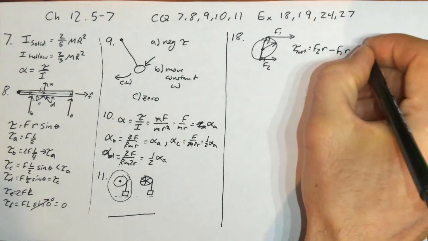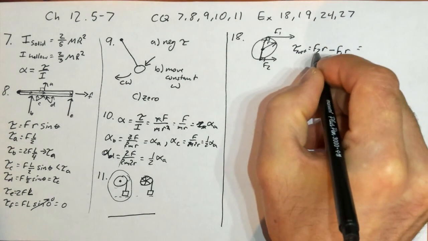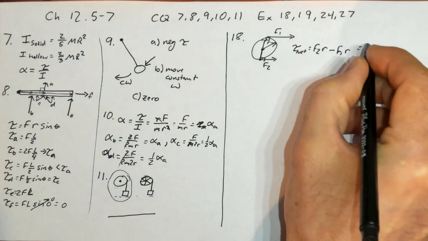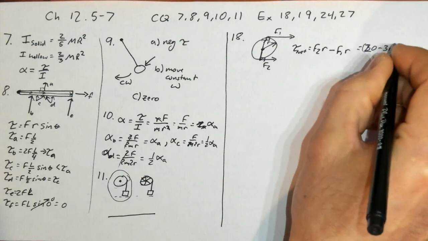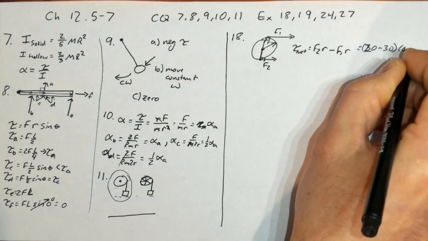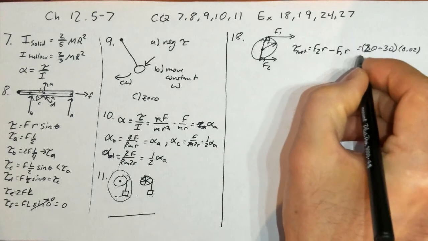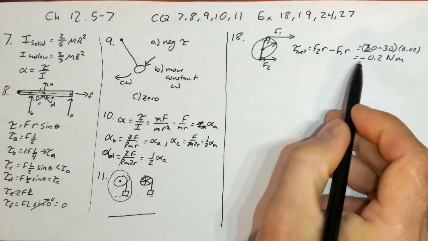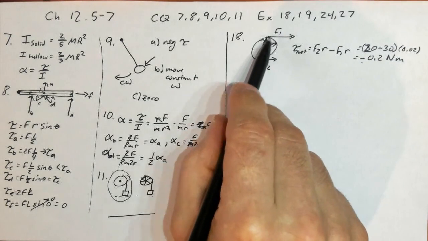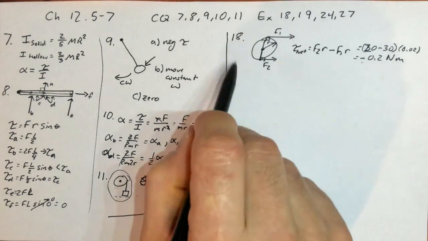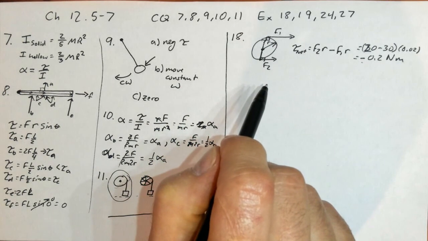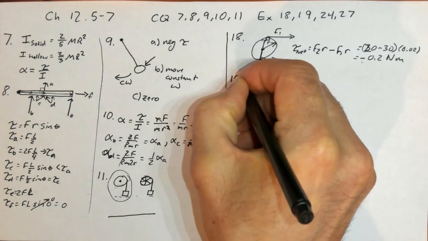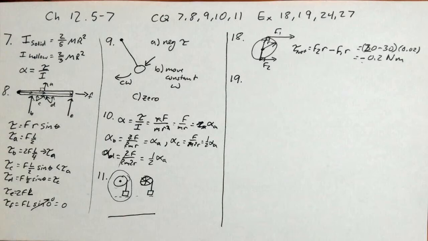So plugging in my numbers, I'm going to get F2 minus F1 times R, which is 20 minus 30 times 0.02, and that gives me a negative 0.2 Newton meters. It's negative because this one's bigger, everything else is the same, so that's going to have an overall clockwise acceleration. Apply the same ideas now to number 19. So look at number 19.